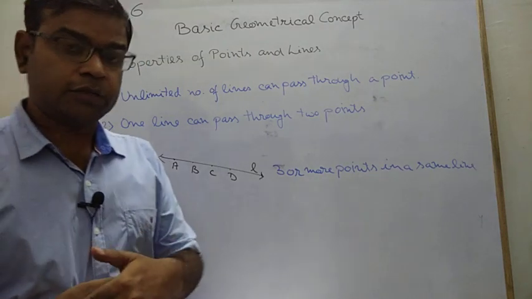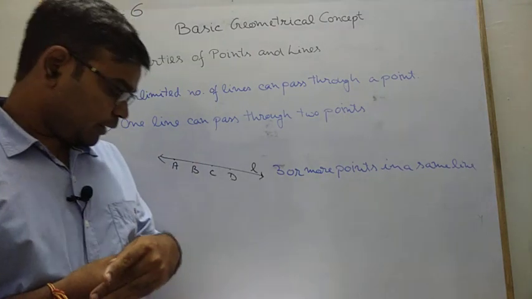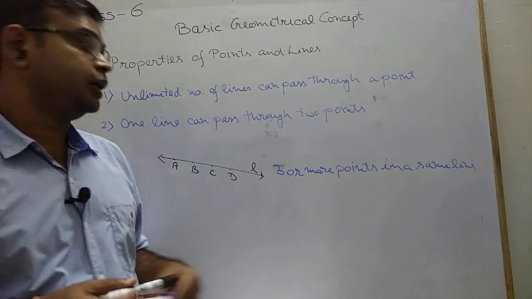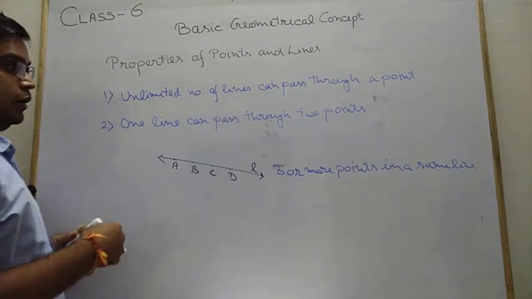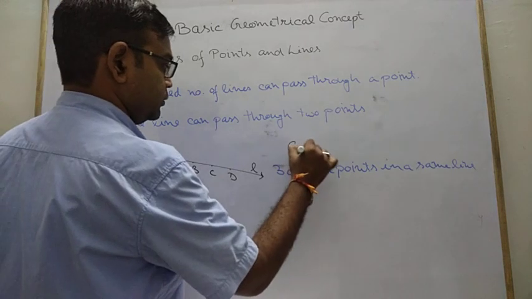Co means together, linear means on a line. Then another one, what is there? Concurrent lines. This is all about collinear.